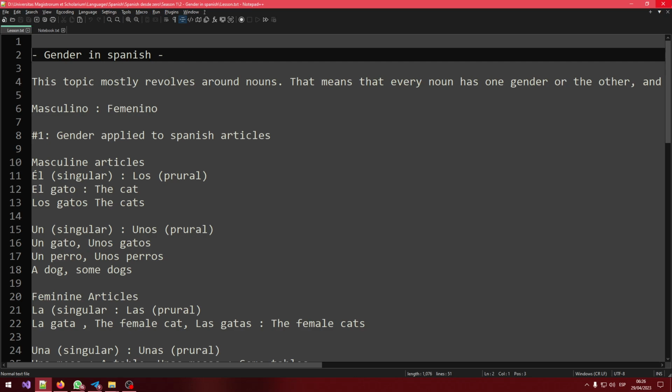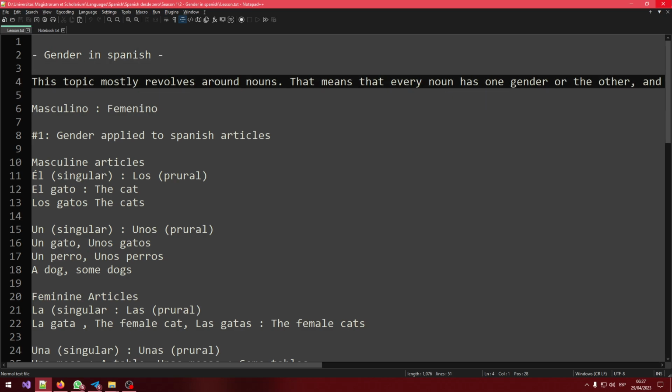Spanish is a Latin-based language, so naturally we have gender, either masculine or feminine, male or female, in nouns and adjectives. We have masculine and feminine pronouns.